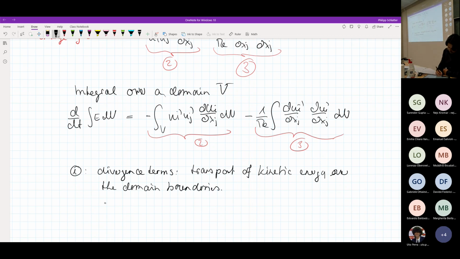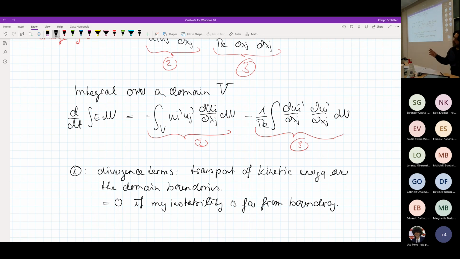And of course, as I was saying, these are exactly equal to 0 if my instability is far from the boundary. So meaning that there is no transport of kinetic energy related to my instability over the boundaries. Okay.